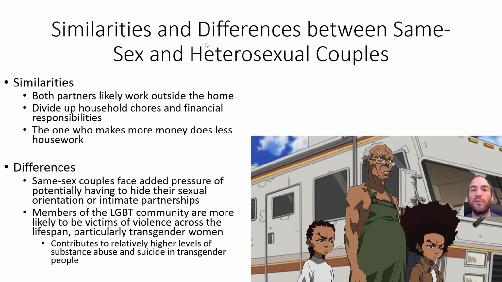One big key difference is the hardship faced by same-sex couples, and specifically transgender couples, whereas not only do you have to deal with various issues of relationship throughout life and potentially children, but also active discrimination and frankly violence committed against transgender individuals, thus posing them at higher rates of substance abuse and suicide, and that mental distress, that negative developmental outcome in response to that environmental hardship, is likely to contribute to a rockiness within that relationship.